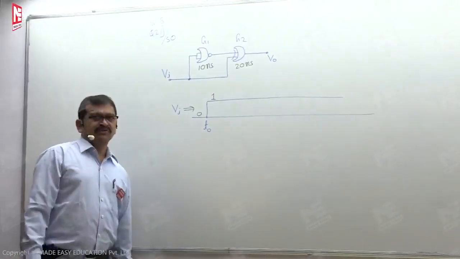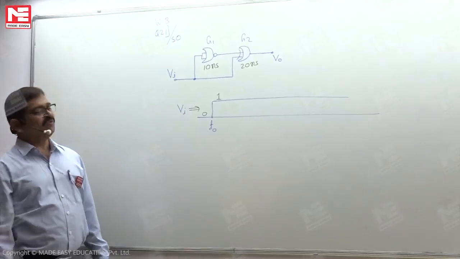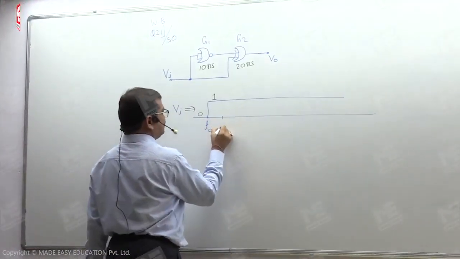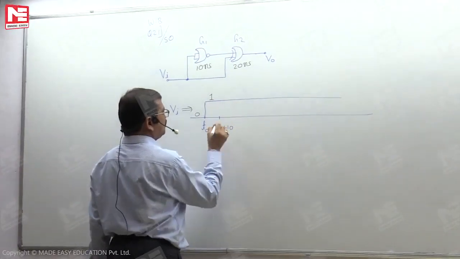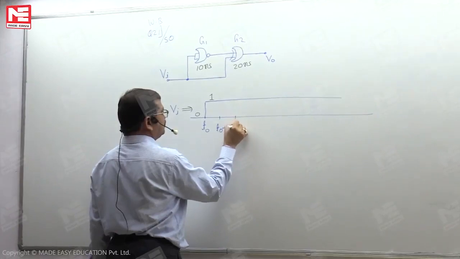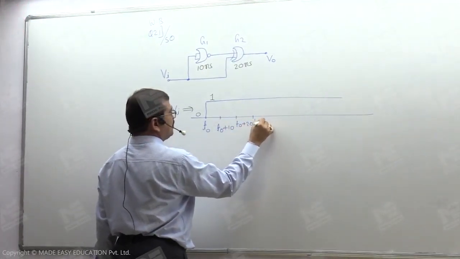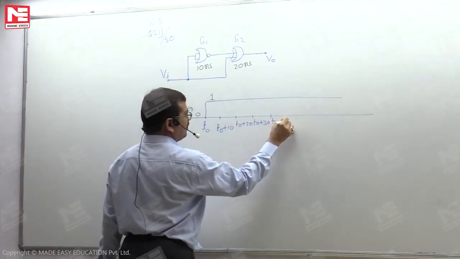Now, from the given options, the question is: what is the output waveform V0? Scaling is given in the question: t0 plus 10, t0 plus 20, t0 plus 30, t0 plus 40 and so on.